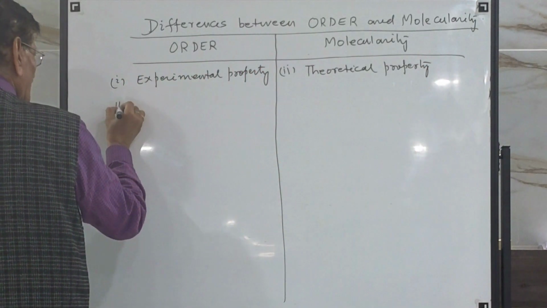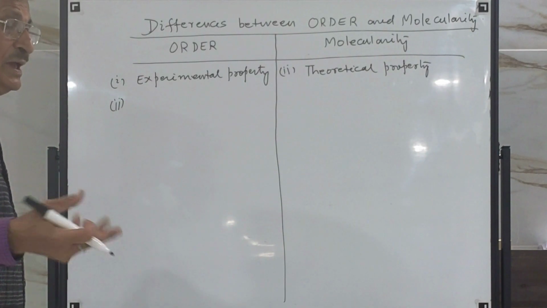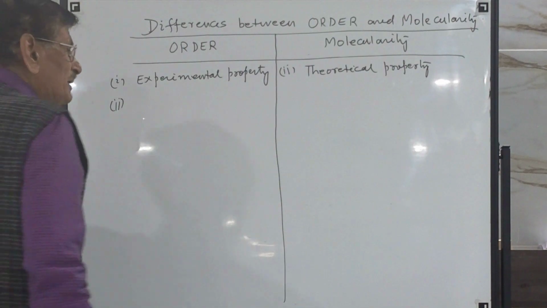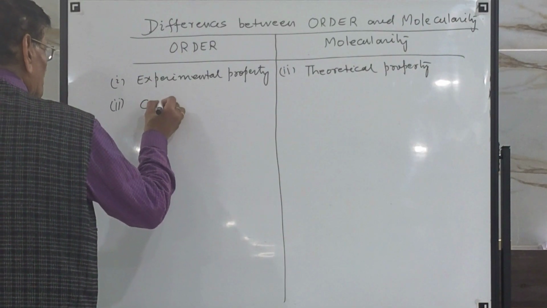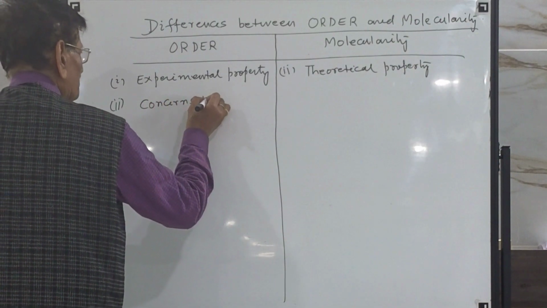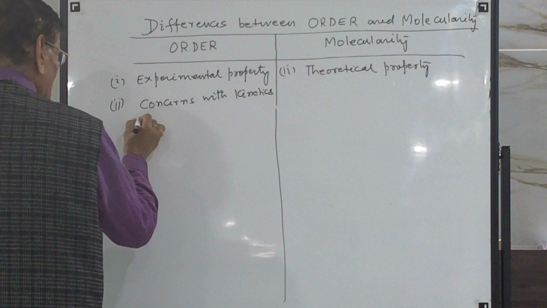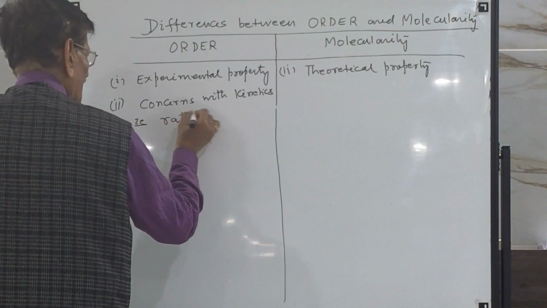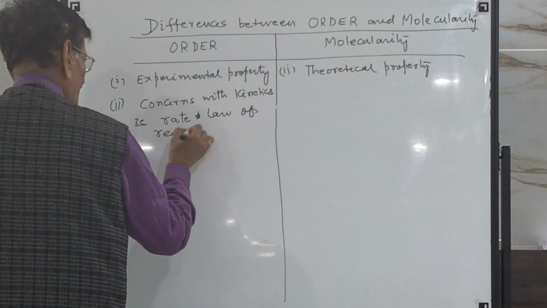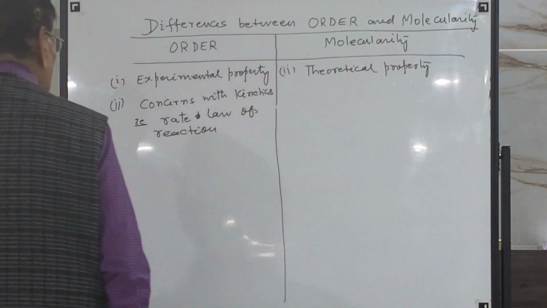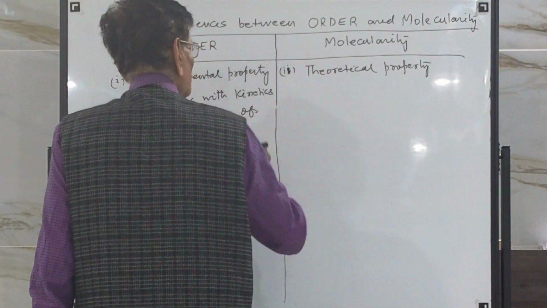Order of reaction is concerned with the rate law of the reaction. From the rate law, we can find out the order. And the rate law is also known as kinetics. So order concerns kinetics, that is the rate law of the reaction.